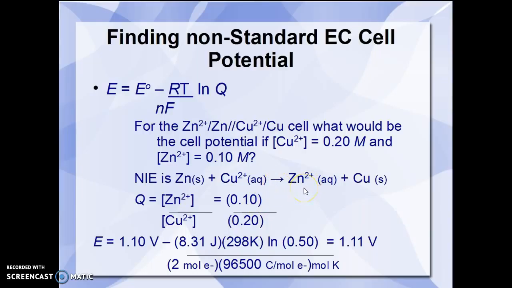That's something that Le Chatelier would predict. And therefore, the higher will be the cell voltage. If we did the same thing, if we increased the zinc concentration or reduced the copper 2 plus concentration, we'd be pushing the reaction towards the left, and that of course would reduce the cell voltage.